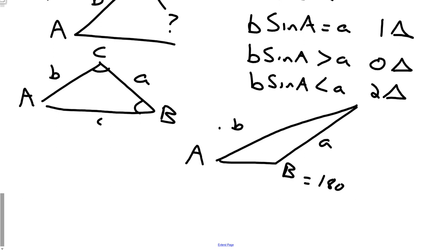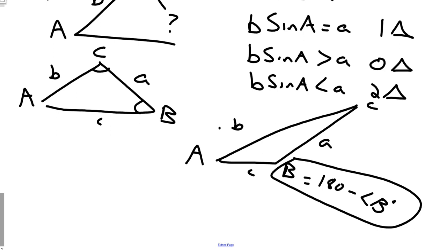So you go 180 minus B from the first one, B1. I'll put a little 1 there. Okay? And then you can go around and solve for C's. Okay? This piece here is the tricky part. But you guys can do it.